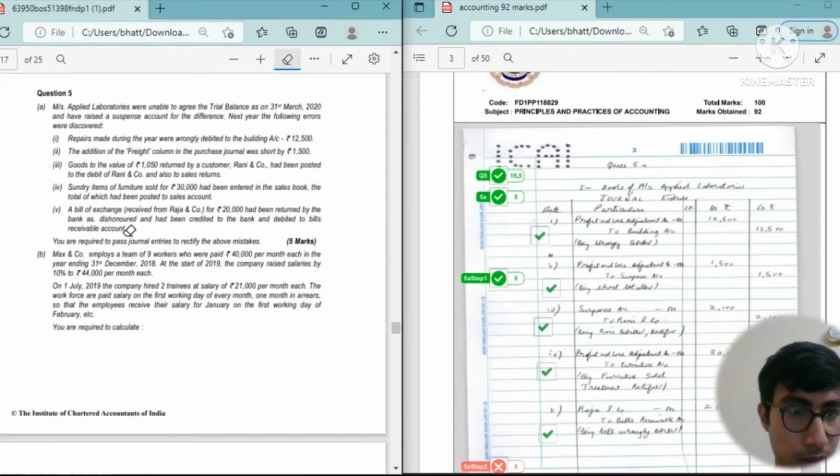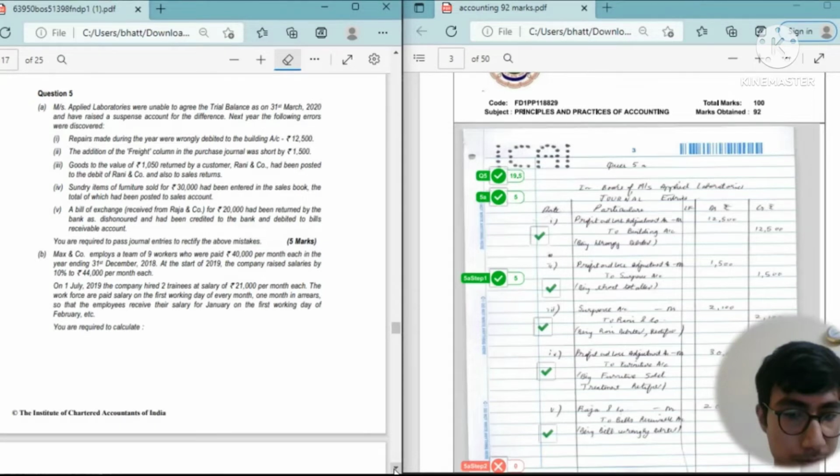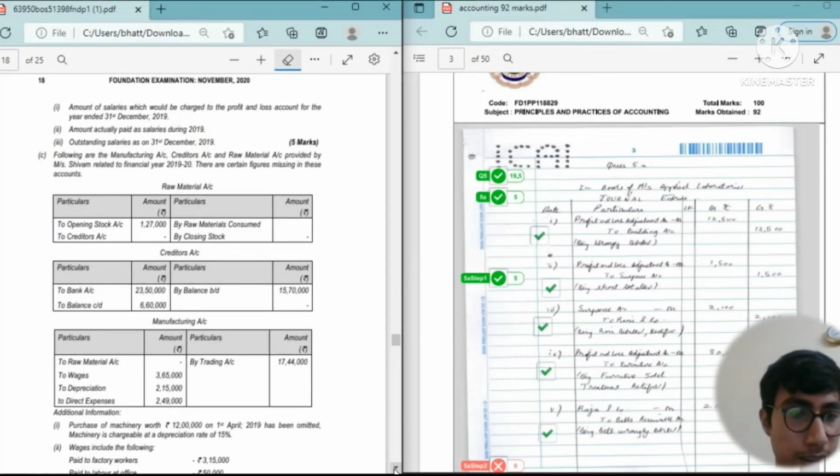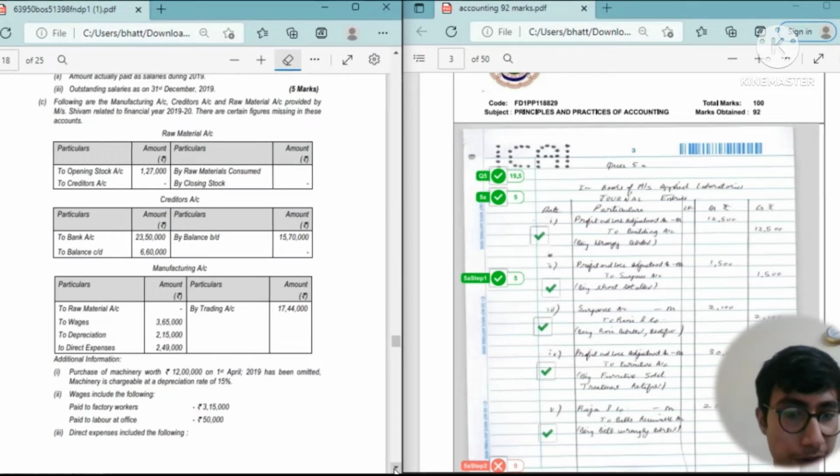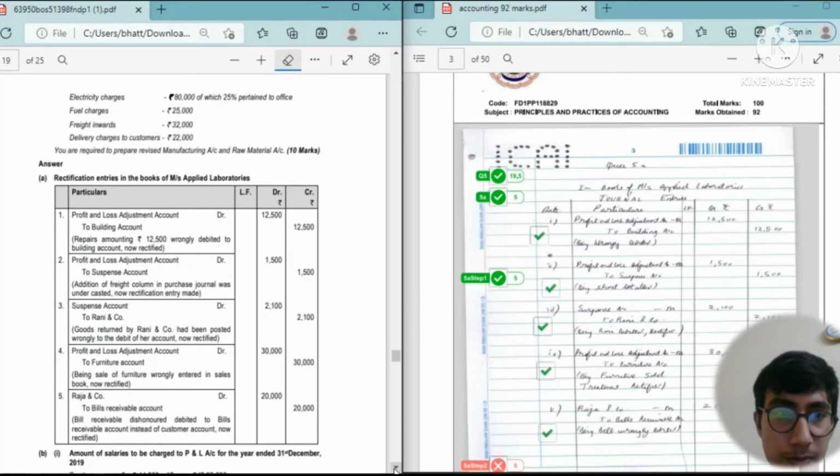It was rectification entries, then final accounts, one short question, then manufacturing account. It is a 5 plus 5 plus 10.